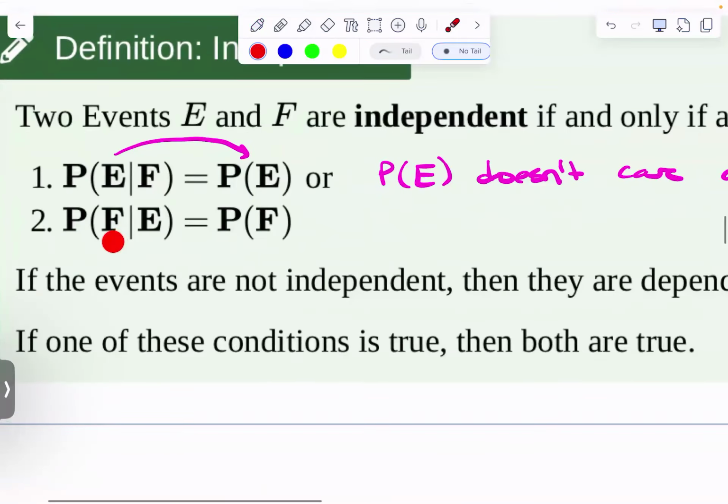Or vice versa, if I have the probability of F given E is the same as the probability of F, then again, right, F doesn't care about E, and it's just always going to have the same probability.